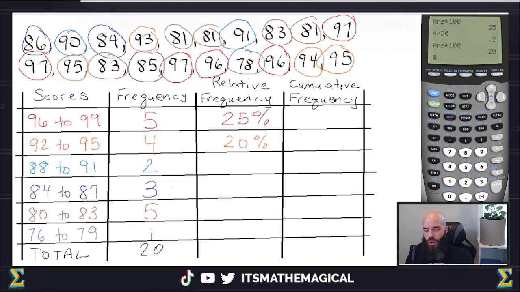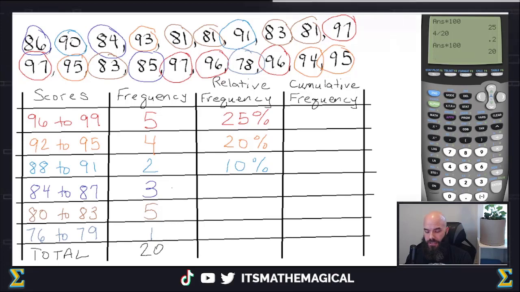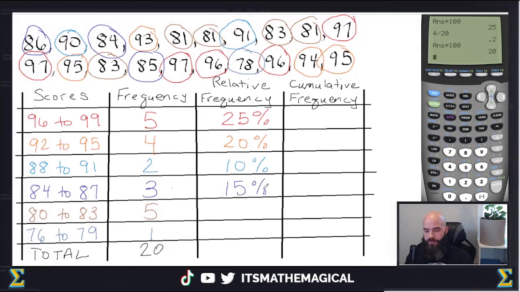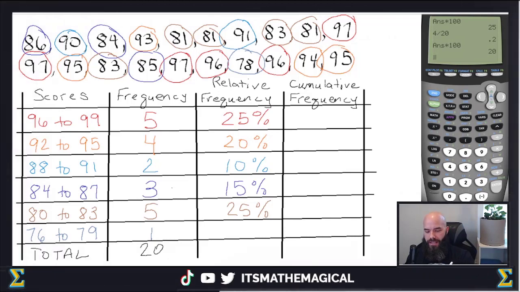All right, and if we continue on, 2 out of 20 would be 10%. 3 out of 20 would be 15%. 5 out of 20, we did that before. That's 25%. And then that last bin is only 1 out of 20, and that is 5%.